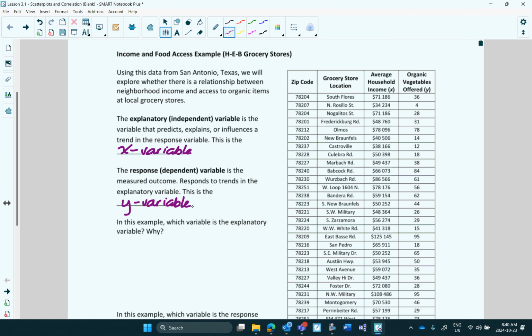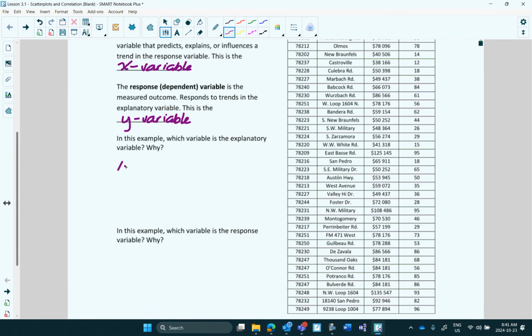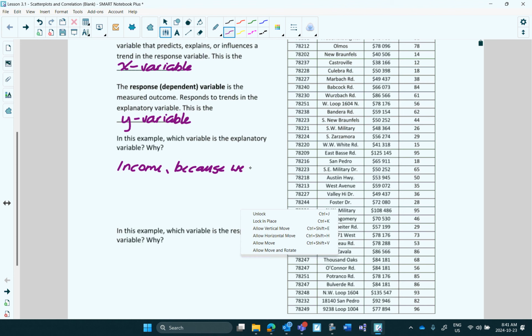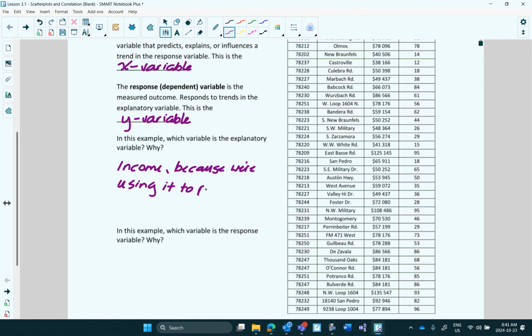So looking at this example, which variable would you think is the explanatory one? Average household income. Yes. Okay. So income, because we're using it to predict organic items offered.